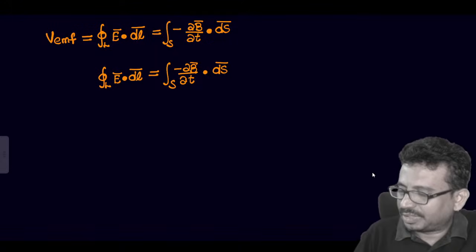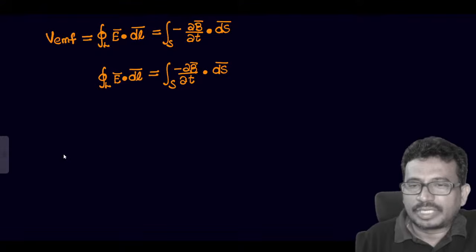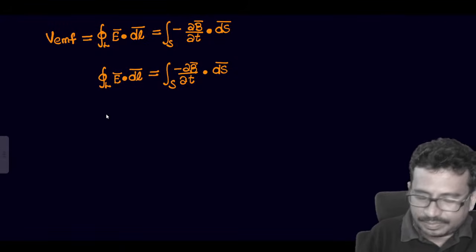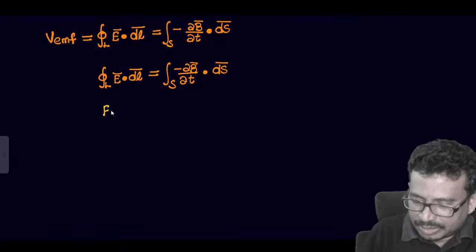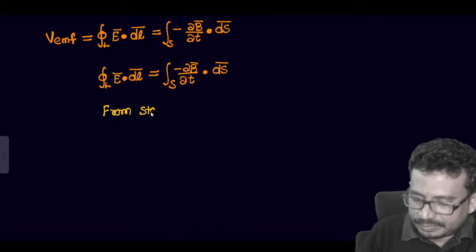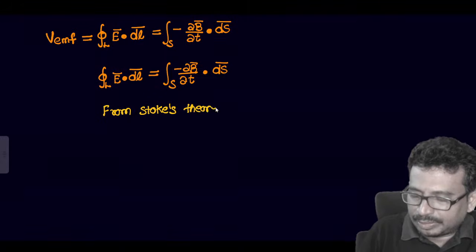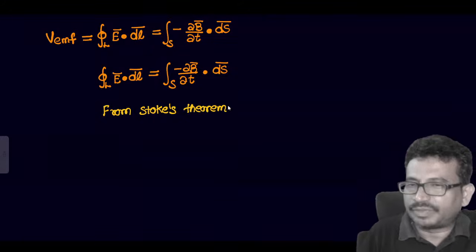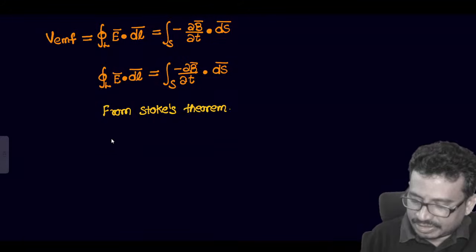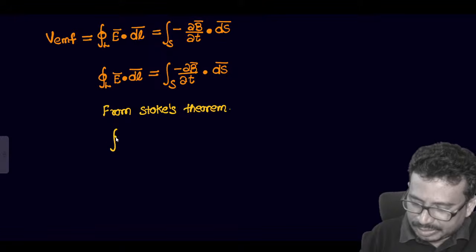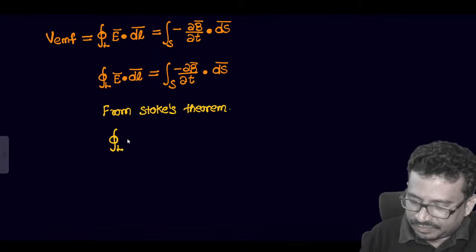Now look here, in this case we can apply Stokes theorem. What is Stokes theorem? By using Stokes theorem, the closed line integral is converted to an open surface integral. That is, the closed line integral of E bar dot dl is converted to what?